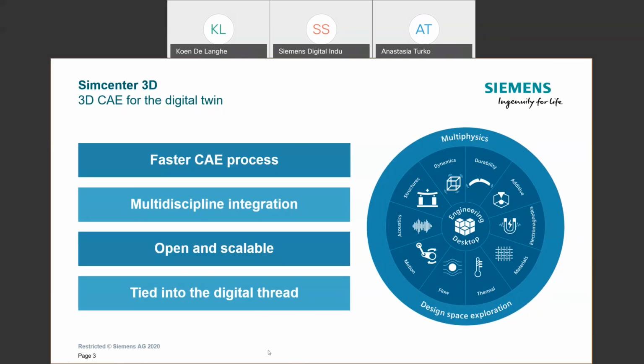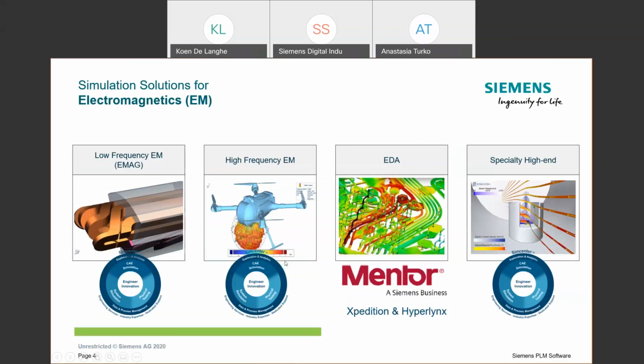So our solutions for electromagnetics are extending different application areas. On the one hand, we have low frequency electromagnetics. We have high frequency electromagnetic solutions. We have solutions for electronics like PCB and IC, sitting more at the Mentor side.